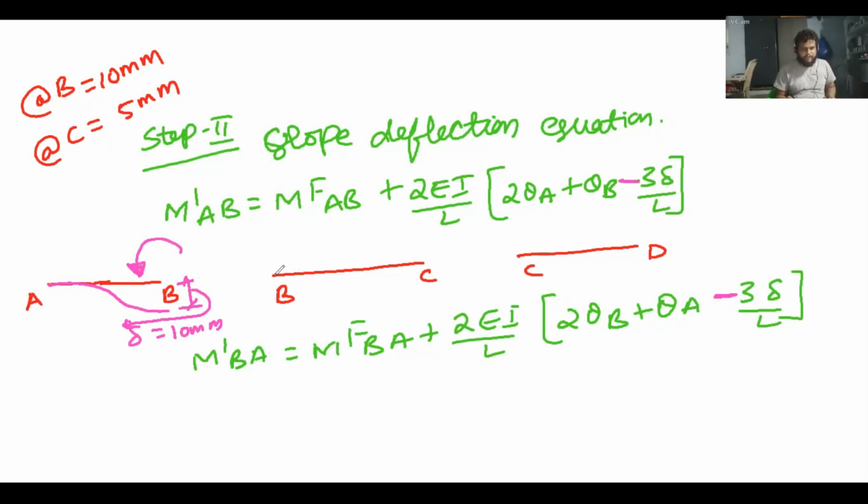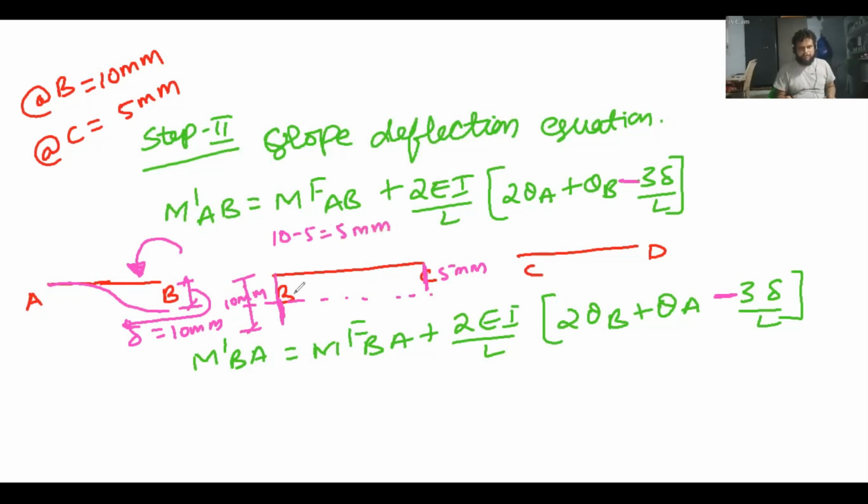Now in the BC span, at B it is 10 mm and at C it is 5 mm. If you draw this line, this is 5 mm and this is 10 mm. Now if you take the net value, 10 minus 5 is 5 mm.